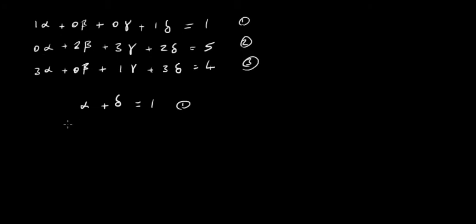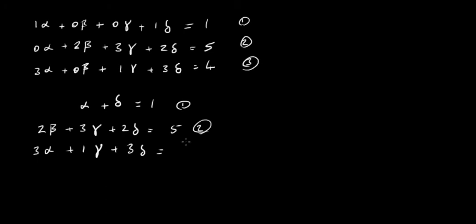Here we end up with 2 beta plus 3 times gamma plus 2 times delta, and that's equal to 5, and that's equation 2. And finally here we end up with 3 times alpha plus 1 times gamma plus 3 times delta, and that's equal to 4. That's equation 3.